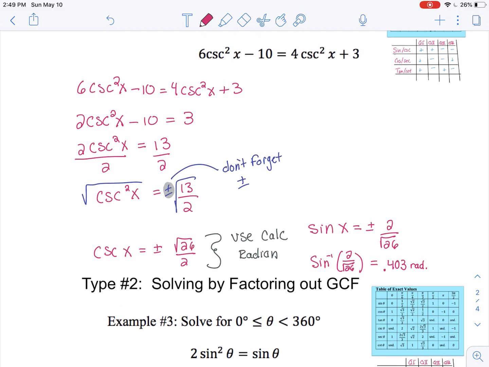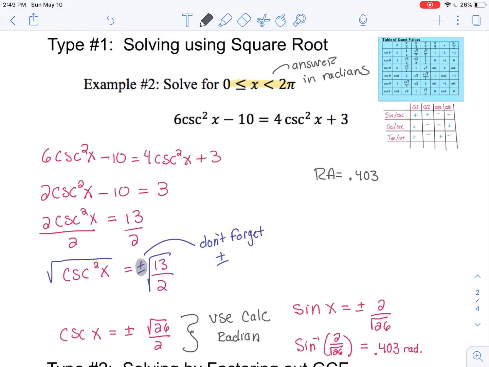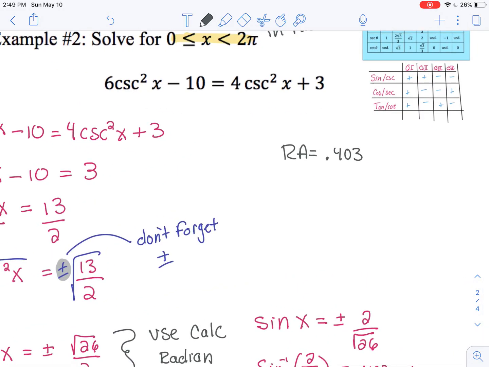Let's lay out what we have. Our reference angle is 0.403. I need to think about what quadrants. So when I think of cosecant and sine, we want to think, where are they positive and where are they negative?